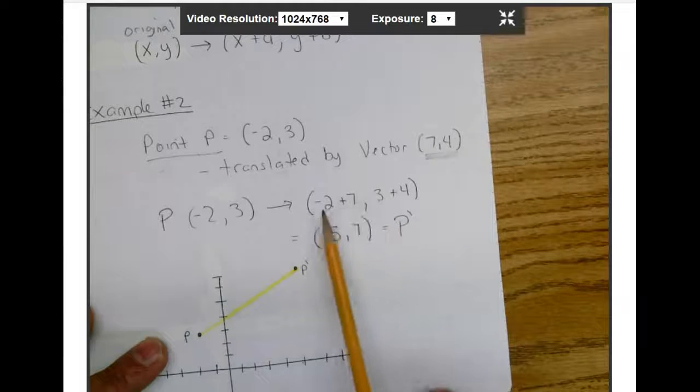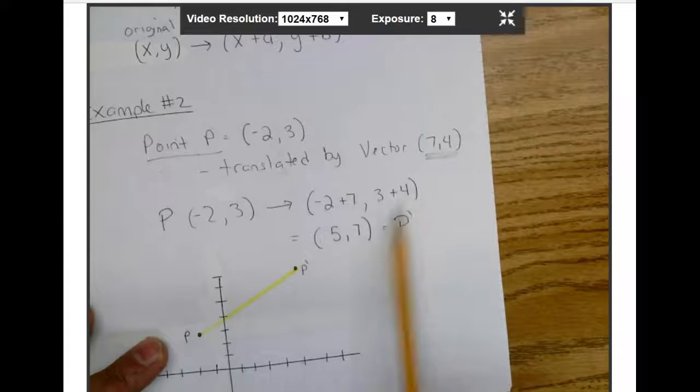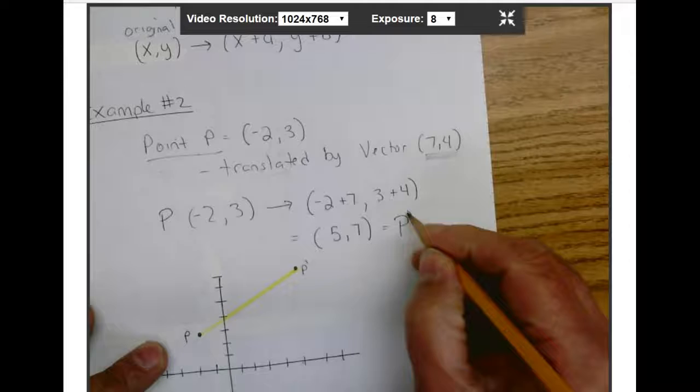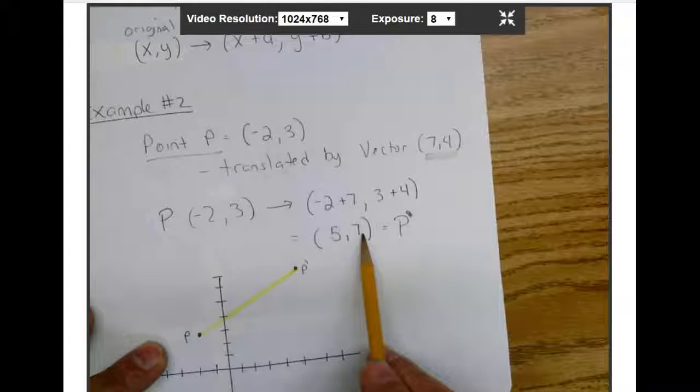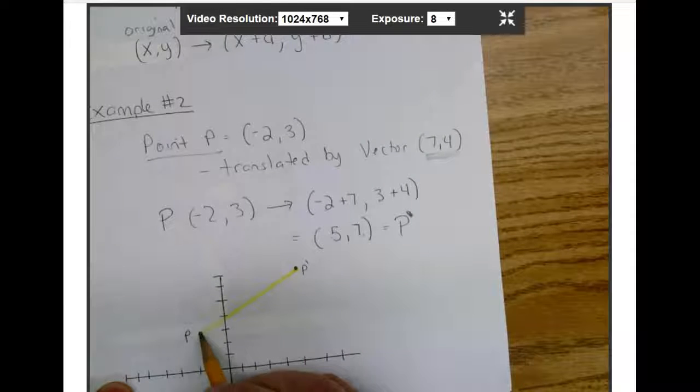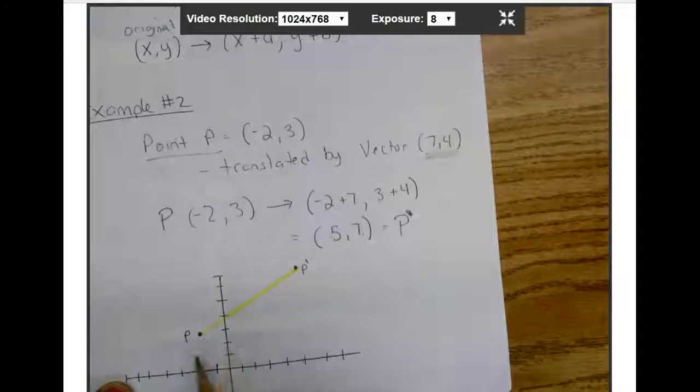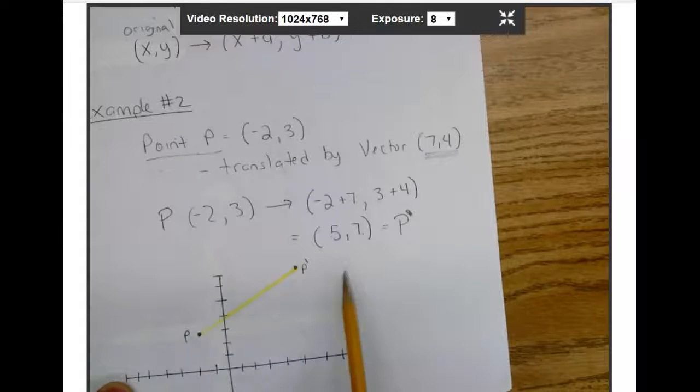Negative 2 plus 7 gives us 5, and then the y is 3 plus 4, which is 7. So P prime, the new spot, would be (5, 7). And then we could see, P started off at (-2, 3), but then we moved it to (5, 7): 1, 2, 3, 4, 5 over, and up 7. So that's an example of using the vector coordinates as well.